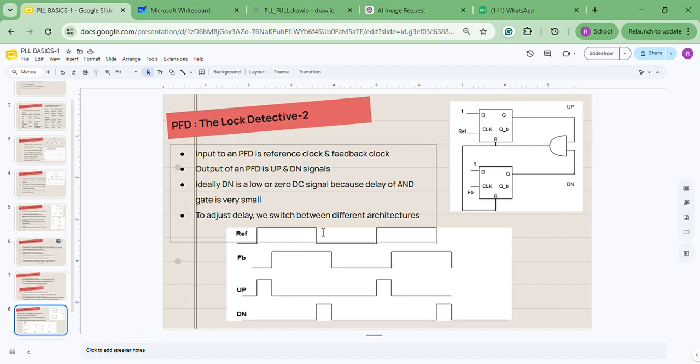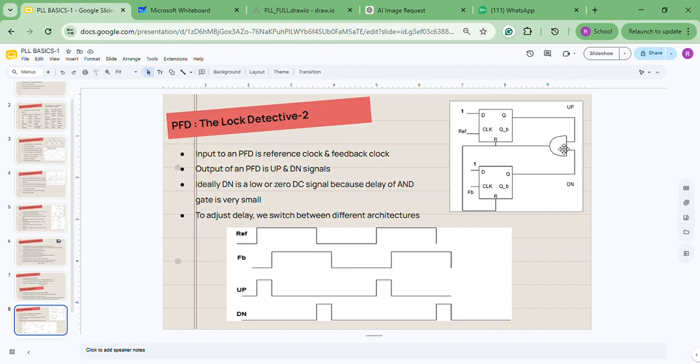So suppose in this case, the reference clock is behind the feedback clock. So here feedback clock is active. In this case, down flip flop becomes active and it will give a pulse. So mostly our target is to lower this down signal or lower the delay of this AND gate.